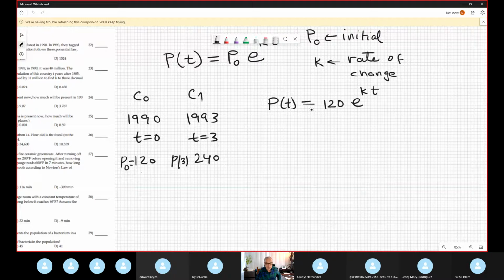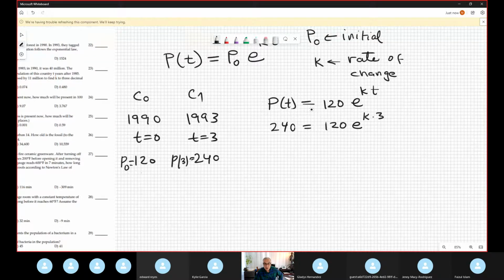P of 3 is equal to 240. So I plug in 240 in the population at t equals 3 years: 120 e to the k times 3. And the only unknown in this exponential equation is obviously k, and you solve for k.